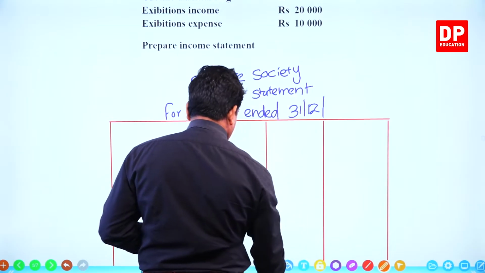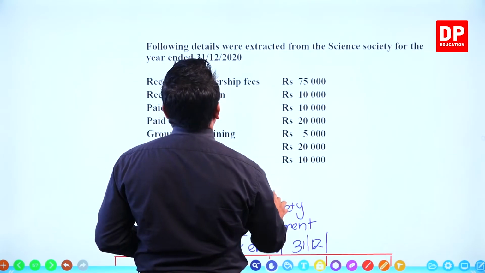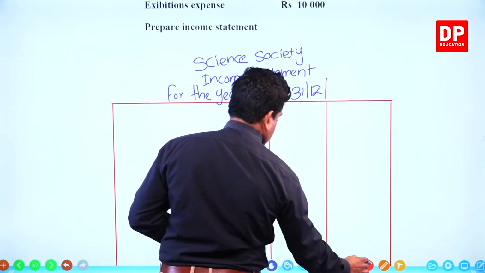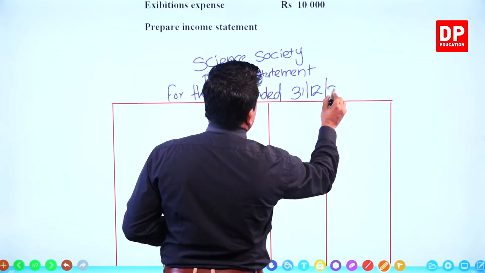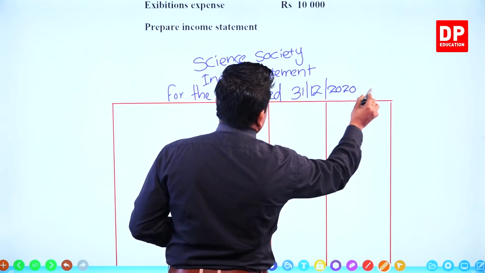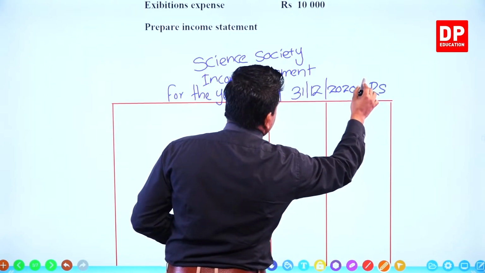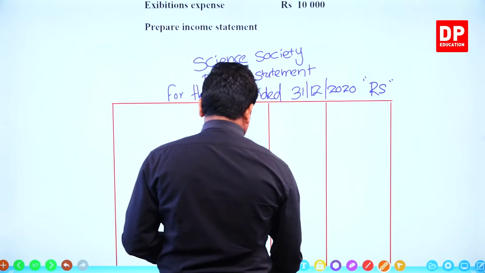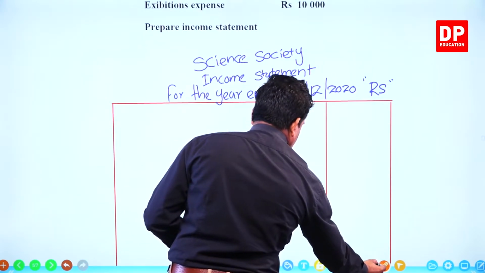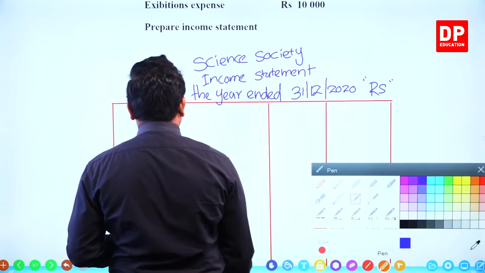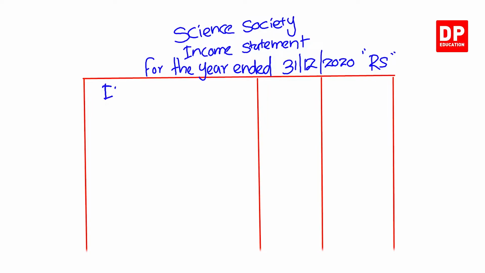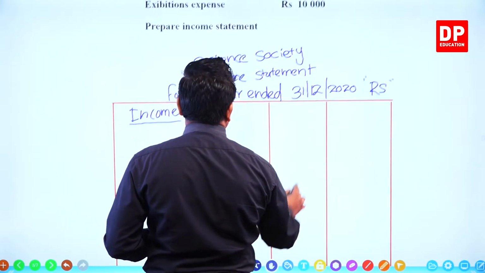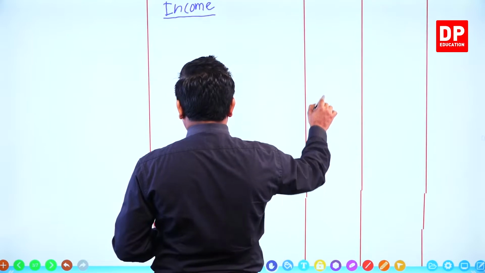Do you remember the year? Yeah, 2020. Do we use dollars or rupees? Still rupees. Right. Now, income. Down, expense.